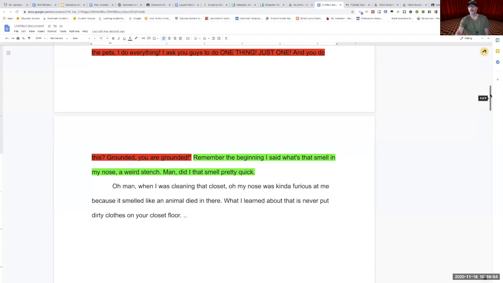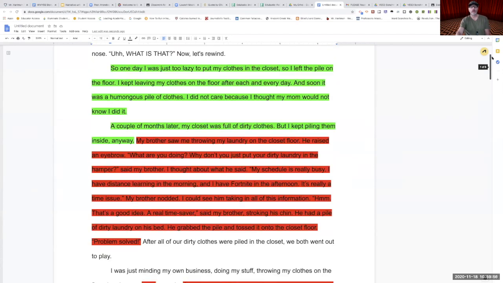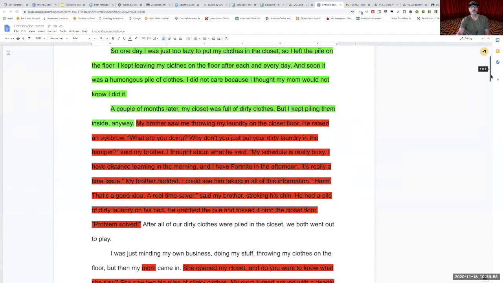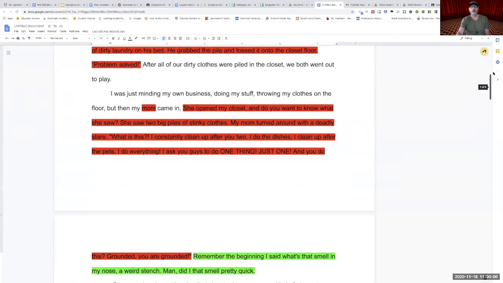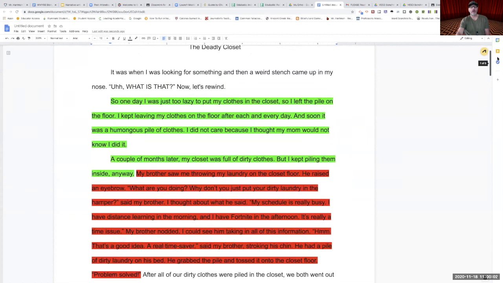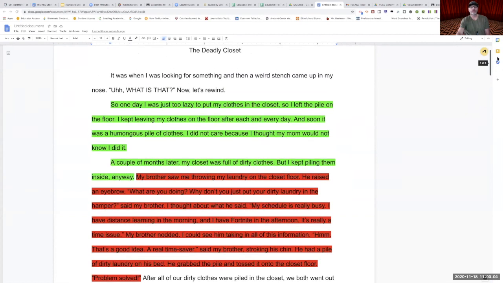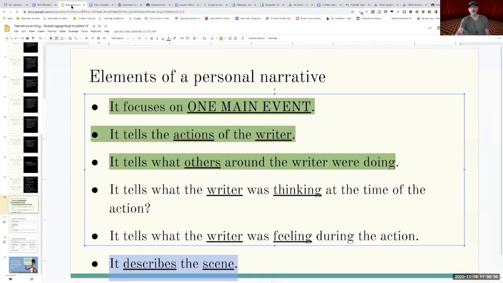But like I said, the big takeaways: I'm still working through these essays and grading them. Overall, the structure is there. I think the next step for us is to really focus on making sure that we're answering these guiding questions with a fair amount of detail, making sure that we're using strong verbs, and then focusing on the different sentence types.